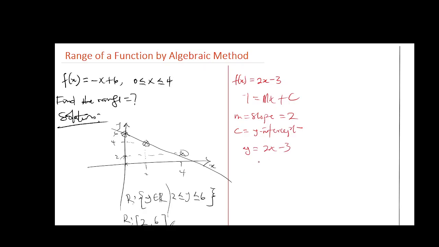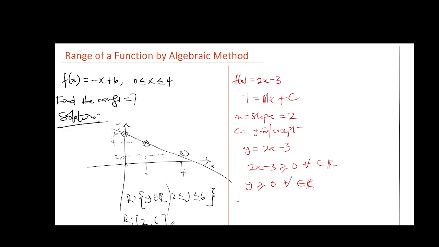So we know that 2x minus 3 will be greater than or equal to 0 for all real numbers. If that is the case, it implies that our y will be greater than or equal to 0 for all real numbers. But we can as well solve it another way by plotting the values of x and y. Then we can now write the range.